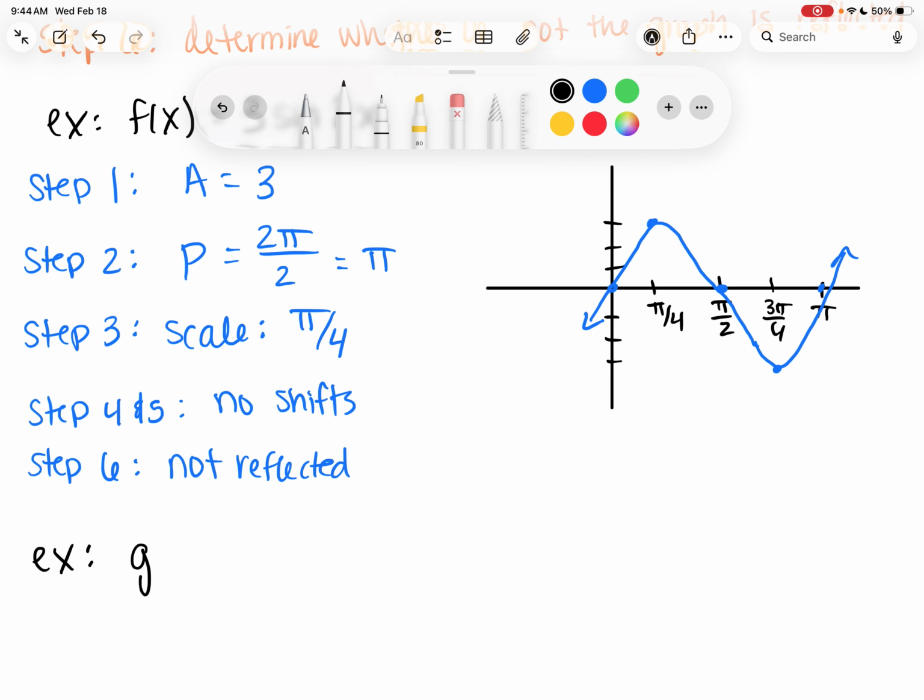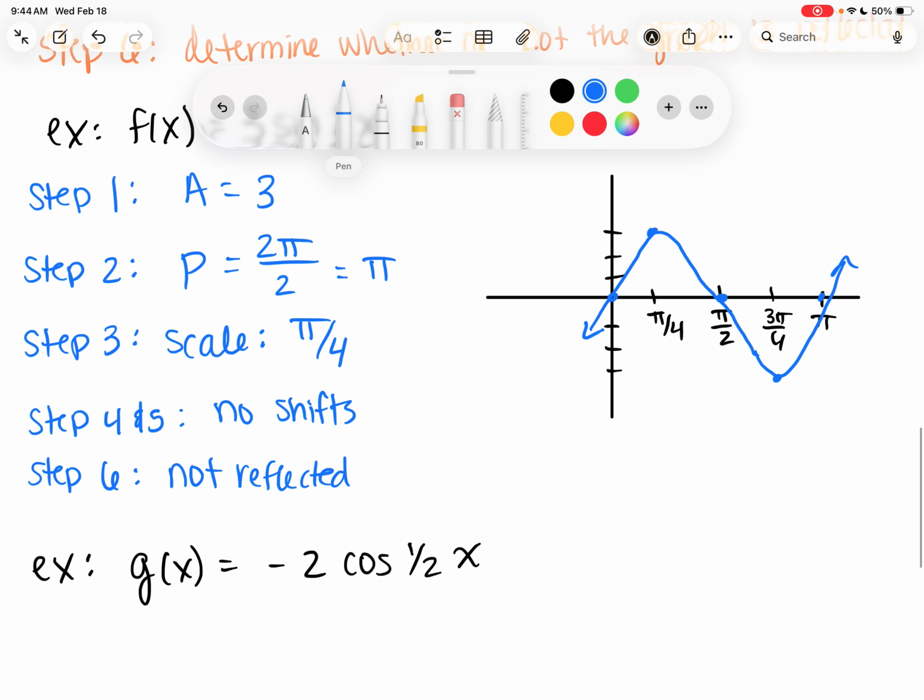All right. g of x is equal to negative 2 cosine of 1/2 x. So sometimes, just for your reference, occasionally they're going to put this here like this. If they don't, it's fine, obviously.